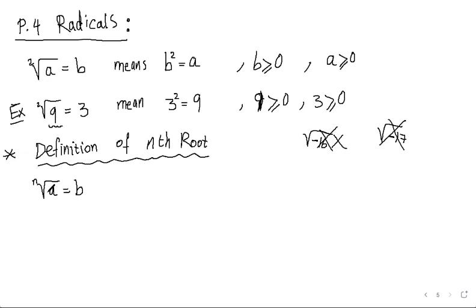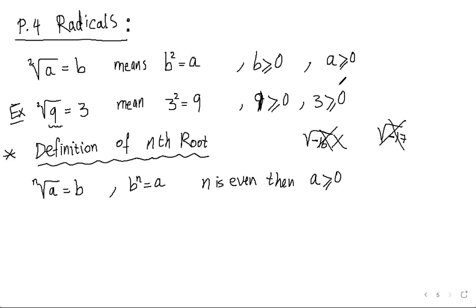So for the nth root in general equal to B, this means B to the n must be equal to A. And here, if n is even, then A must be positive. So I make it in general: if the root is an even number, what's inside the radical must be positive.